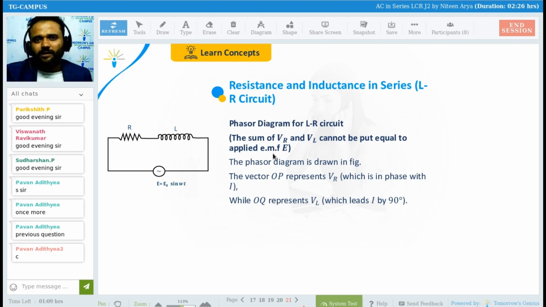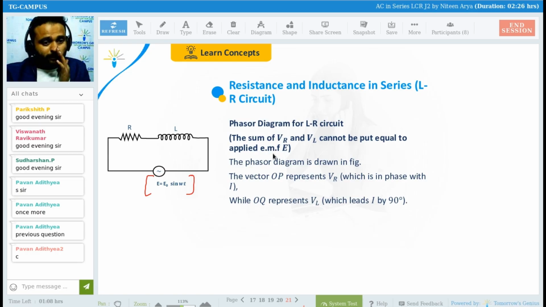A phasor diagram is nothing but the kind of diagram I explained in the previous class. The voltage on L is going to be ahead as compared to R, because the current and voltage for resistance are going to be in the same phase, but for inductance it is going to be changed. I explained everything in great detail in the previous class.